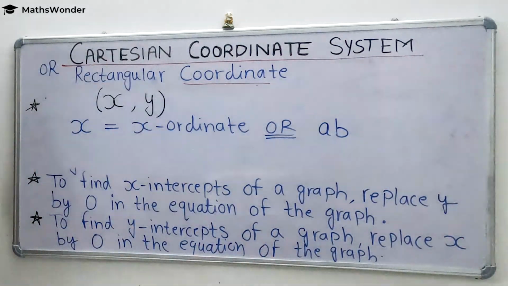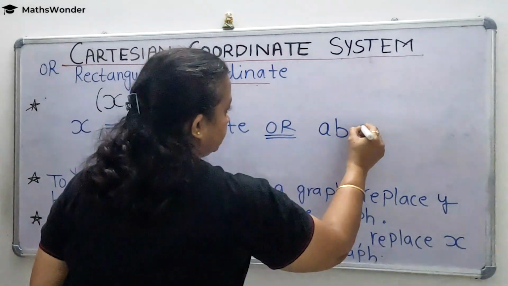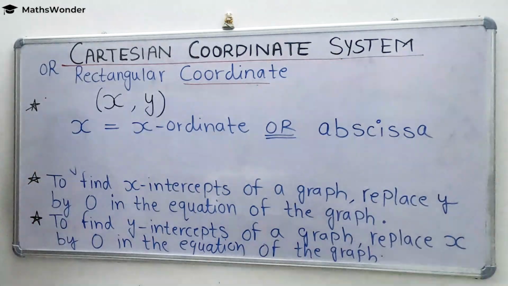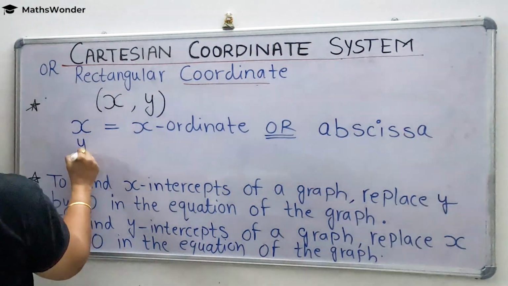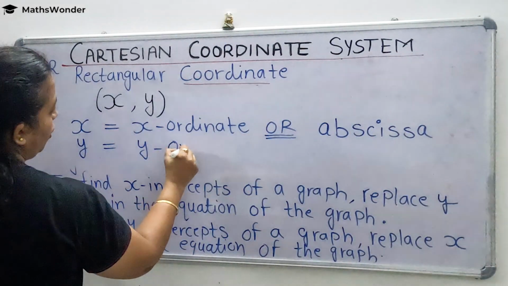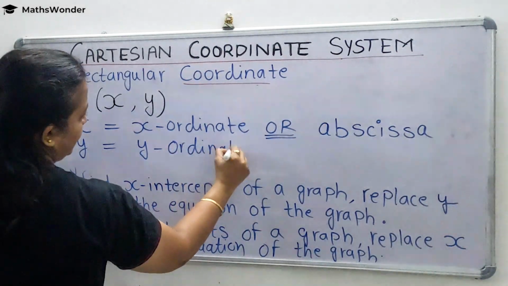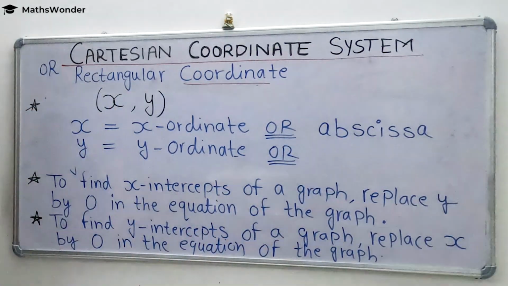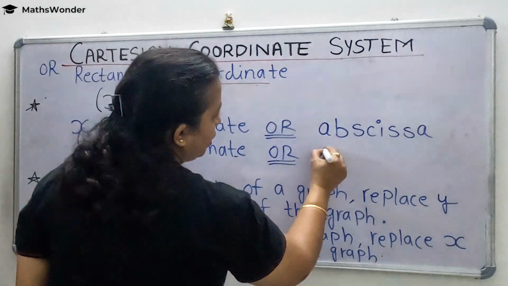Write down the name. Abscissa. Same for y, you normally call y the ordinate, so y ordinate or ordinate, only ordinate.